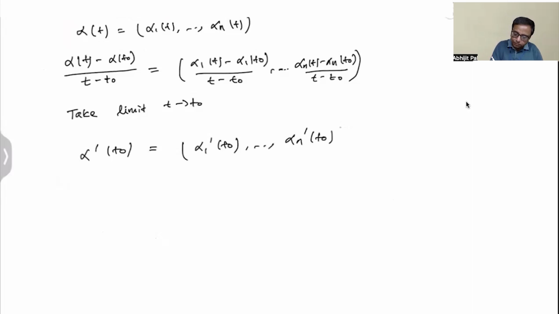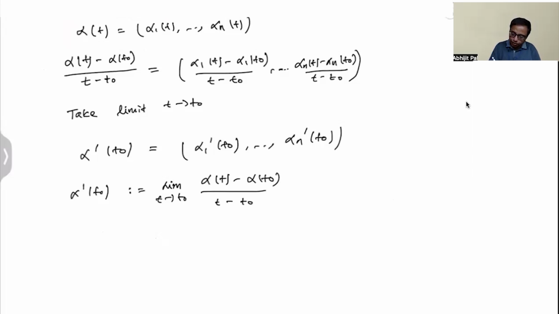What is this alpha prime t naught? This is the limit t tends to t naught of (alpha t minus alpha t naught) divided by (t minus t naught).